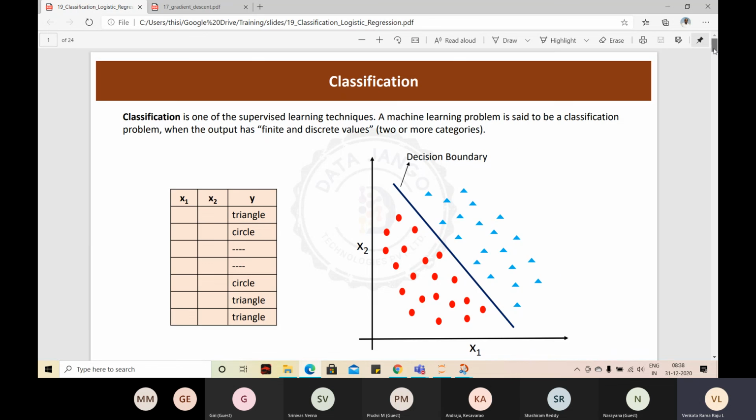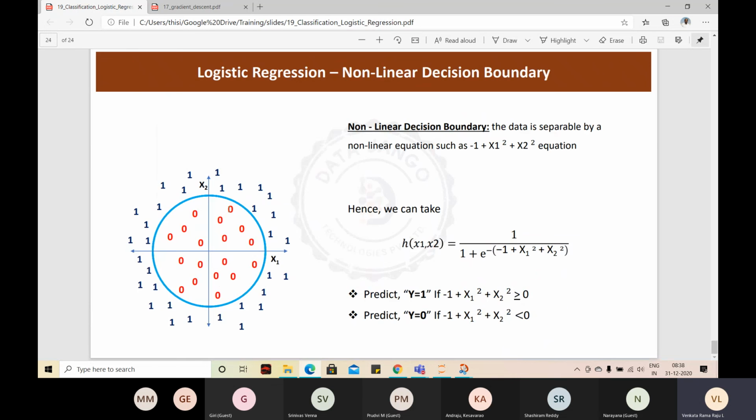If your data is like this, where there are some 0 records and there are 1 records like this, you may have to do a circle. So the algorithm will actually find the equation. If you put a nonlinear equation in the 1 by 1 plus e power minus z, it becomes a nonlinear decision boundary. Okay, many people don't know.